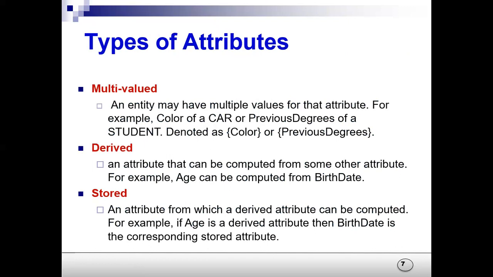Next, moving to the multi-valued attributes. Some properties of an entity may have multiple values. Suppose for an employee or for a student where you're applying for something, there is an attribute like previous degrees. That attribute can be multiple.